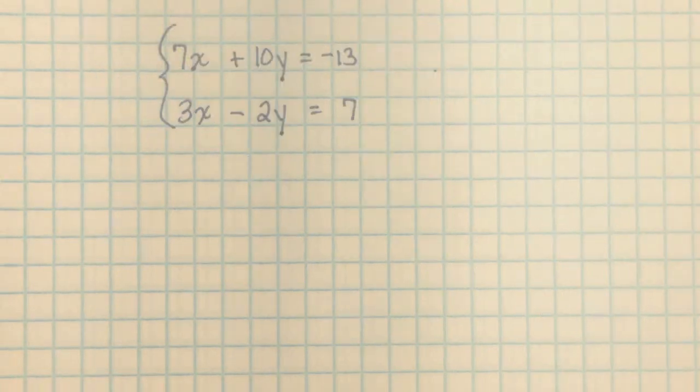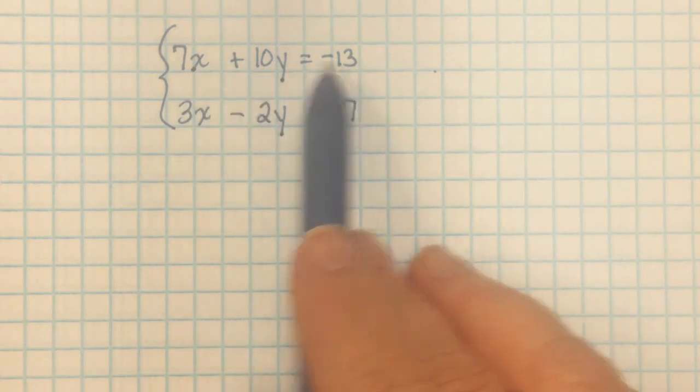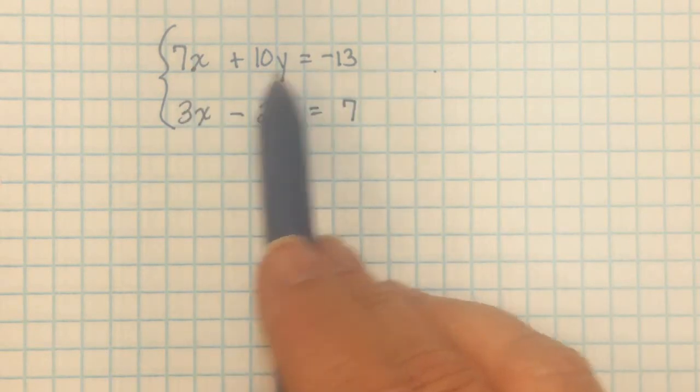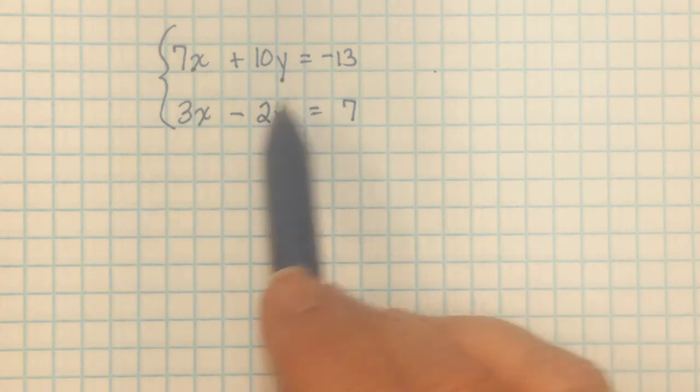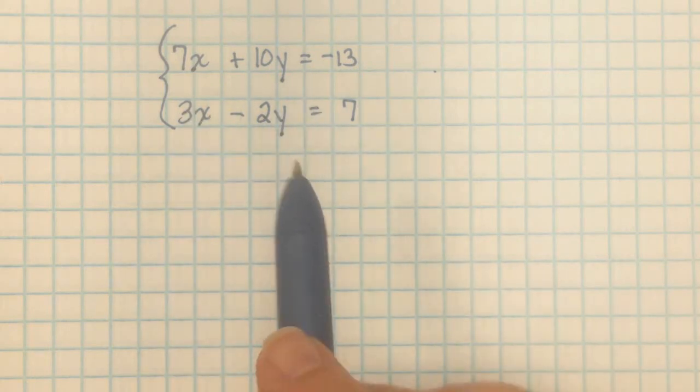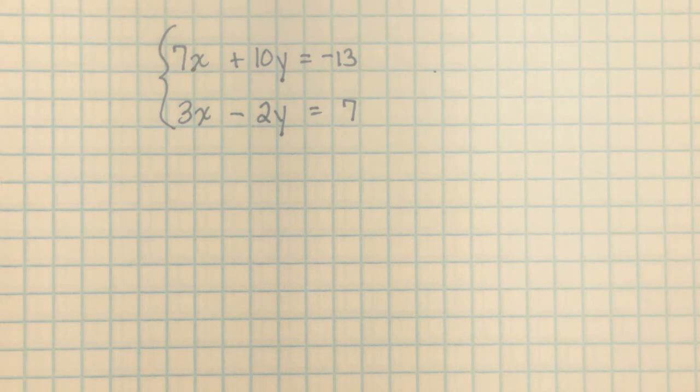Alright, in other situations you have equations and neither one of the equations has a variable by itself. So when your equations are formatted this way, then linear combination tends to be the best method to use.